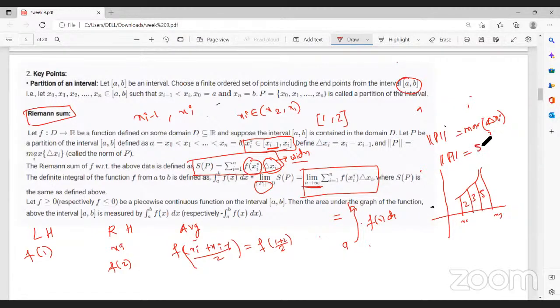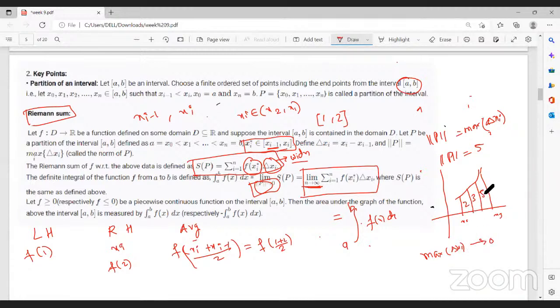Now this maximum tends to infinity. If this is tending to infinity, automatically all the h values lesser than 5 will also tend to infinity. Sorry, it will tend to 0, not infinity. If my n tends to infinity, then delta x tends to 0. So if my maximum delta xi is tending to 0, I can say that all the minimum values will also tend to 0.